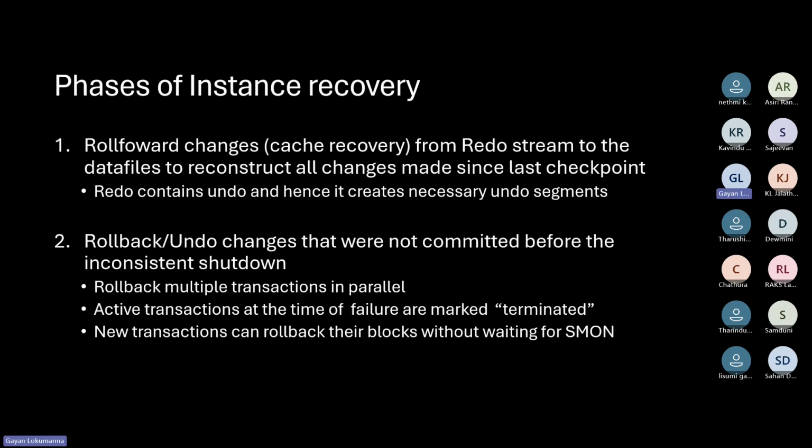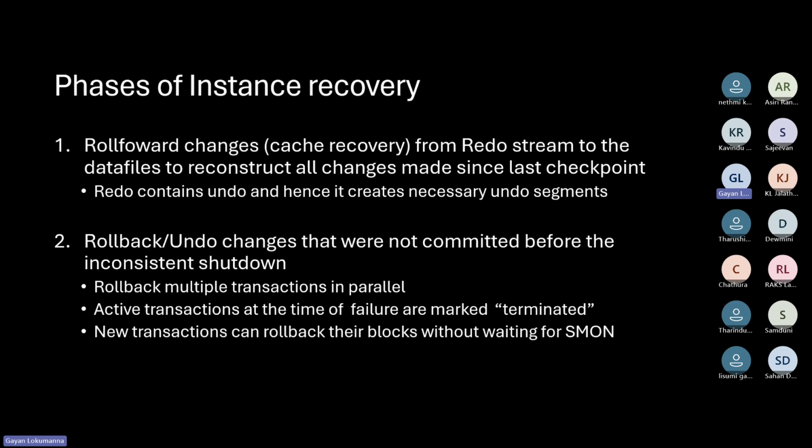From 9,500 to 10,000, that is what I said. So up to such time, everything will be rolled forward. When I say everything, those changes will include both committed and uncommitted ones as well, right? At the same time, keep in mind, I told you at the beginning, due to intermittent checkpointing, which we call the incremental checkpoint, there could be changes that had already gone into the data files, maybe for a temporary period.